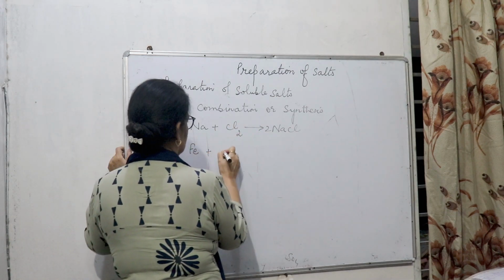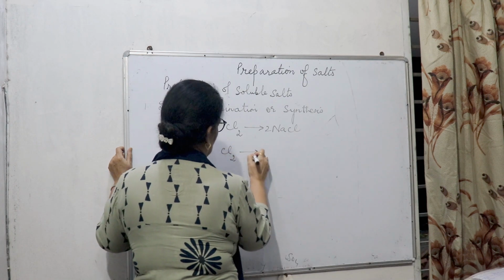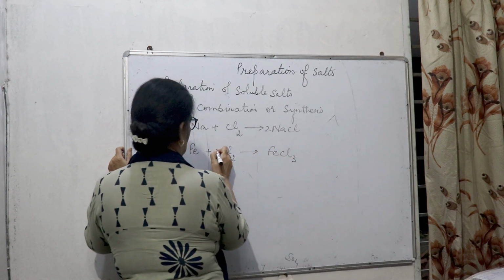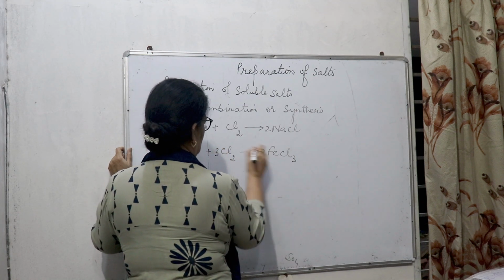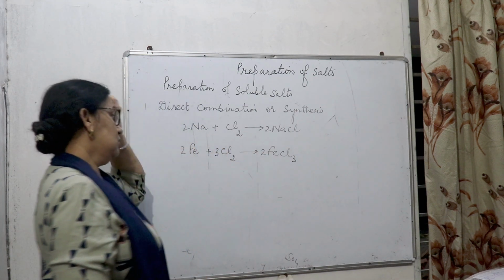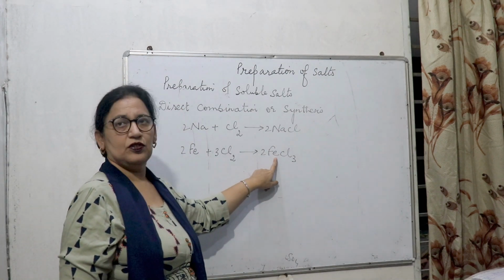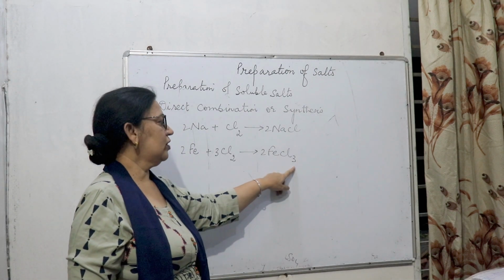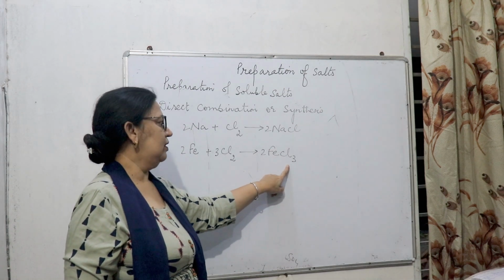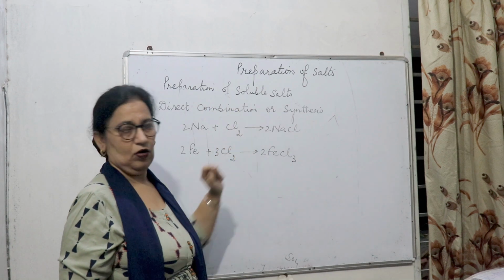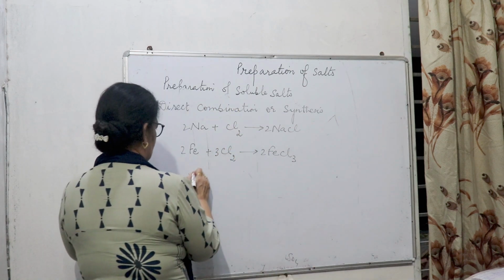Fe plus Cl2 gives FeCl3. This is also direct combination, iron plus chlorine, that is iron 3 chloride. This is ferric chloride, which can also be prepared by direct combination or synthesis.